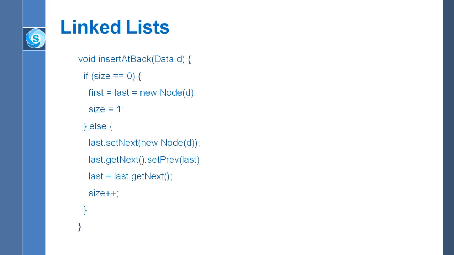And as soon as we're done making that link, then we can change what is the last node. Then it's time to make the new node become the last node. And the way I'm doing that here is I'm reminding you that before we change last, last.getNext refers to the new node. So the statement last equals last.getNext means that we're changing last to point to the new node. There's a lot to think about there.